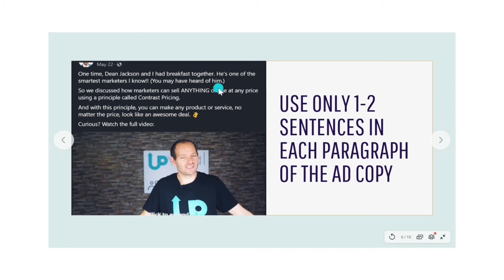It looks neater, more organized. People would want to read this. If the whole thing was strapped together, that would be what we call cluttered. So always ensure you keep 1 to 2 lines in one paragraph. And yes, definitely use emojis, but use very few emojis.